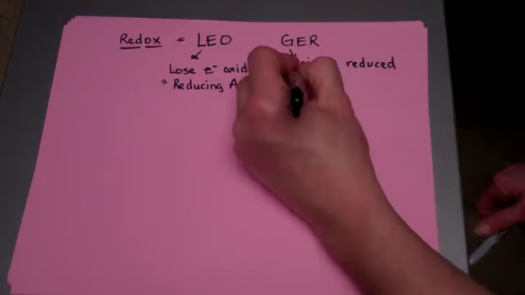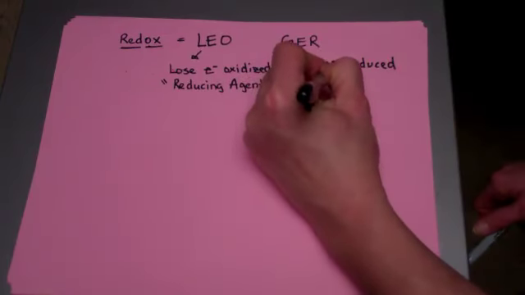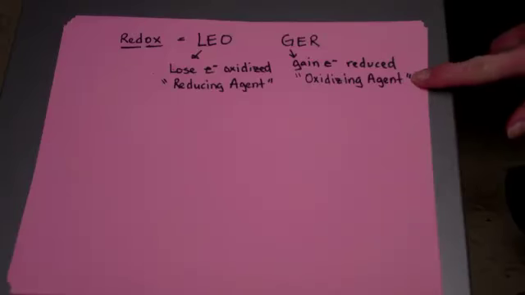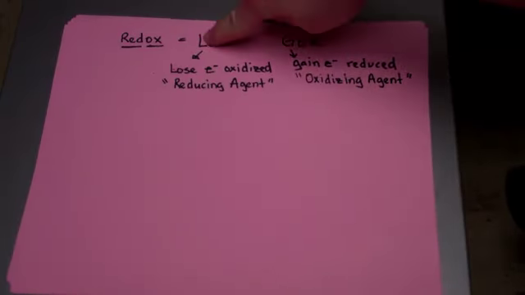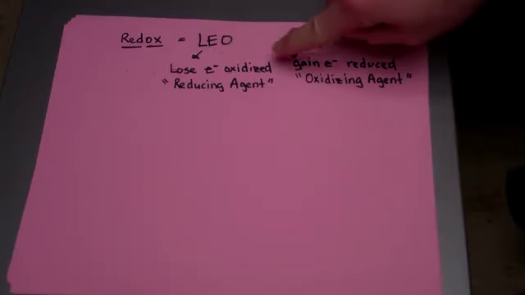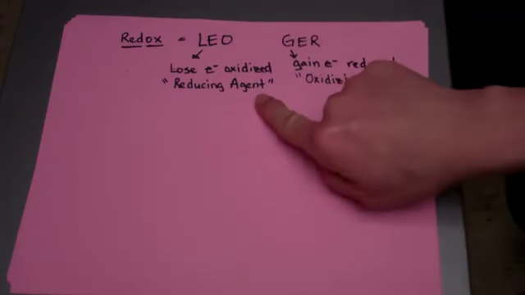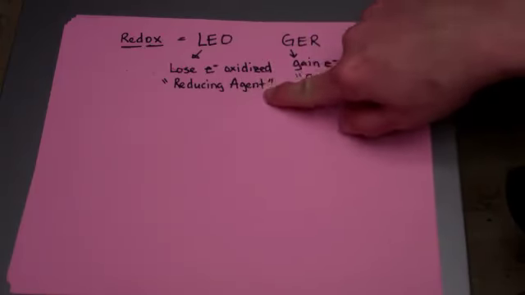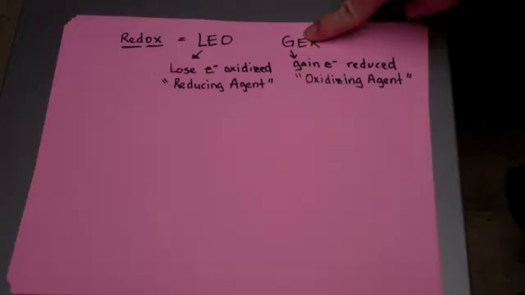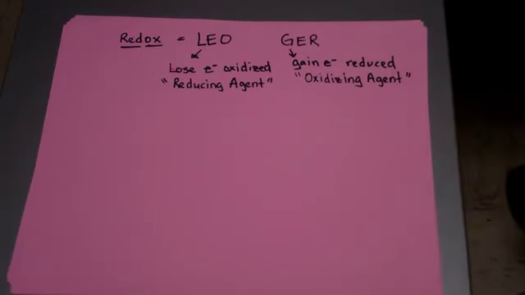So we could say that this is an oxidizing agent. The oxidizing agent gets reduced itself because it's taking electrons and oxidizing something else. The oxidized component is the reducing agent because it's losing electrons and giving those to something else that gets reduced.